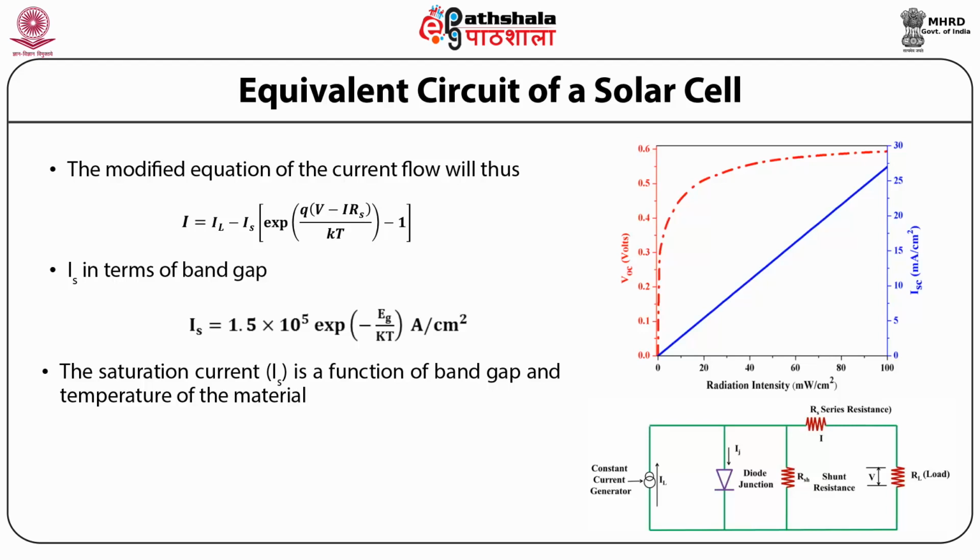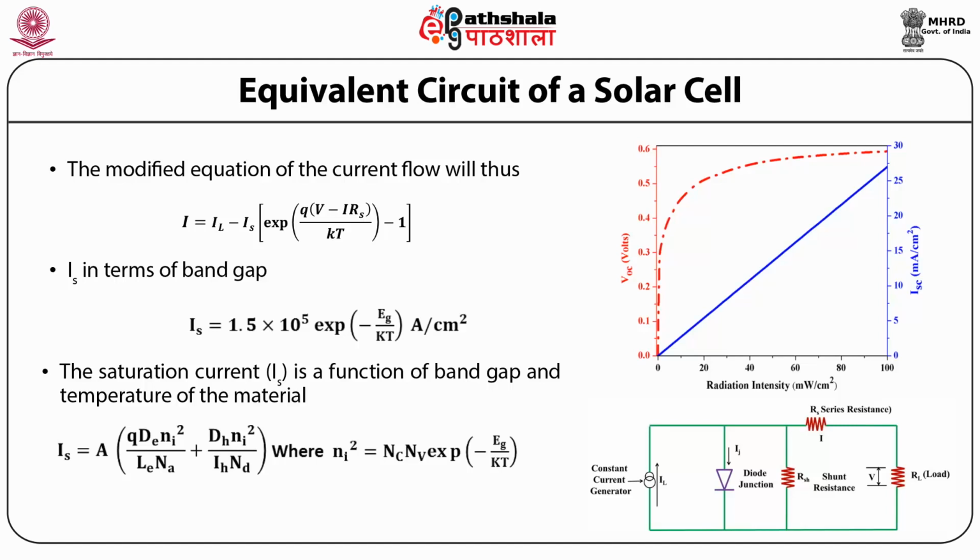Now the expression for the saturation current can be written as IS is equal to A multiplied by Q times (De Ni square by Le Na plus Dh Ni square by Lh Nd).